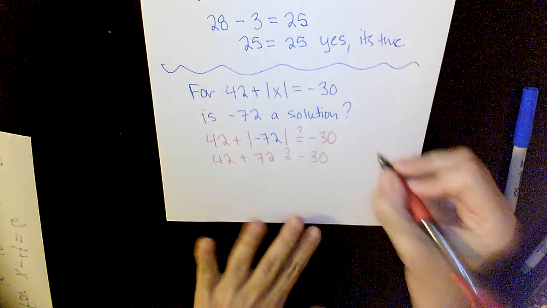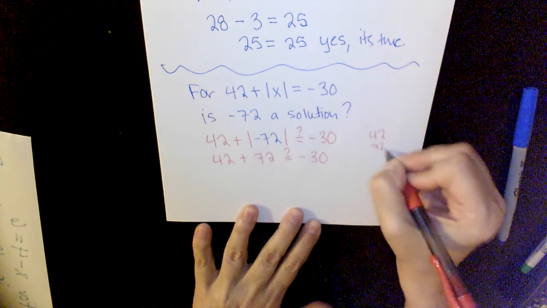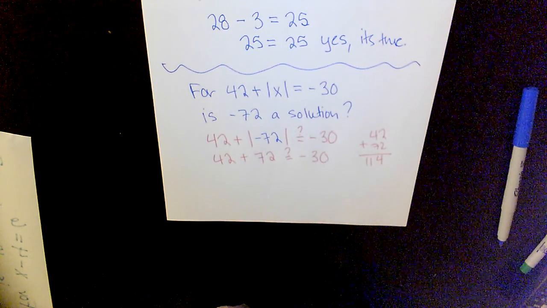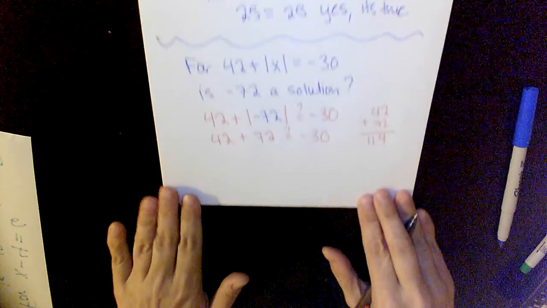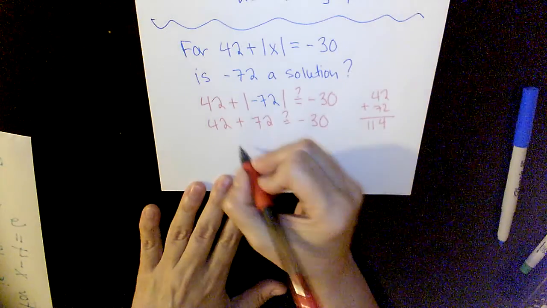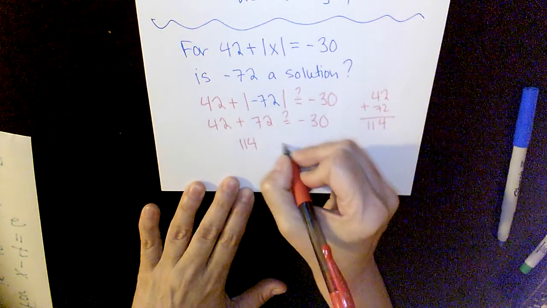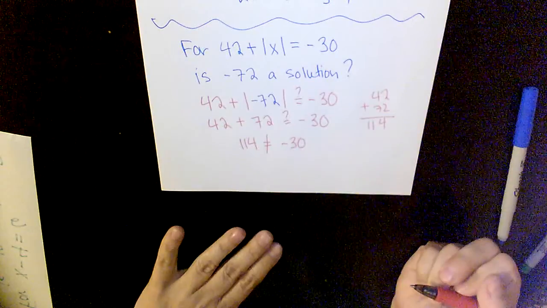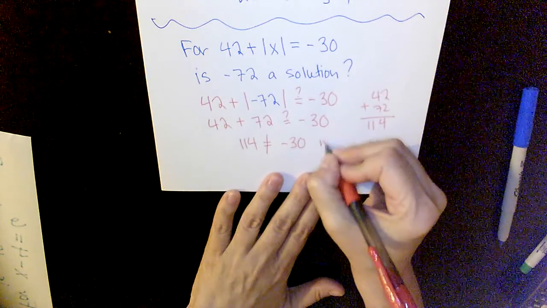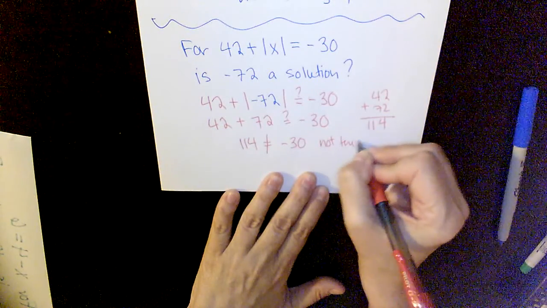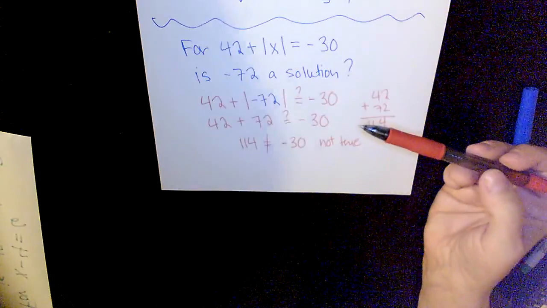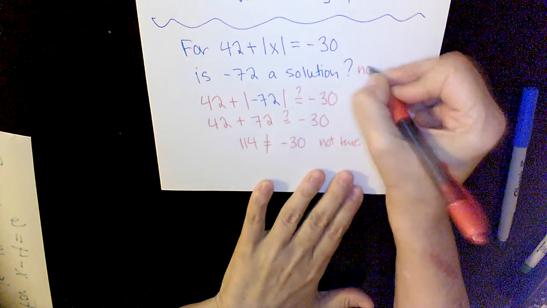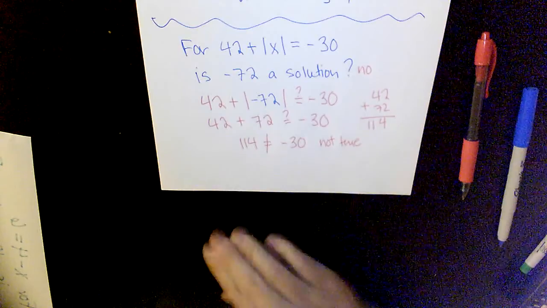Well, 42 and 72, let's see what that gives me. That gives me 114. So I got 114 on this side, and I've got negative 30 on that side, and these two are not equal. So this is not true. So negative 72 is not a solution.